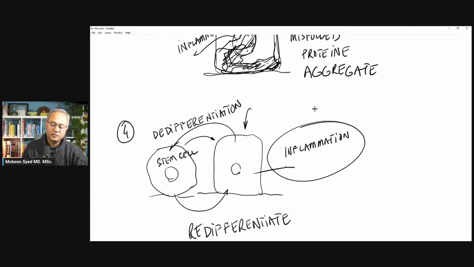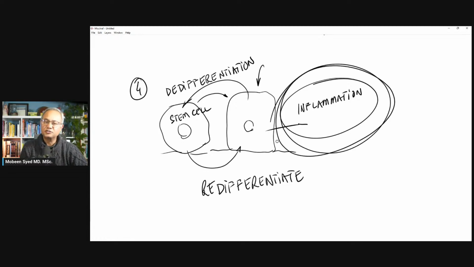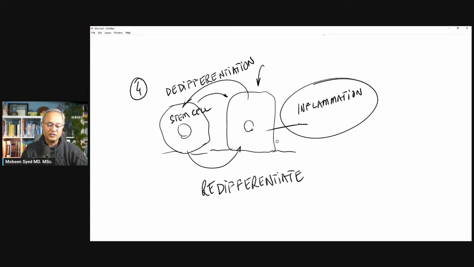Number 4, help the beta cells become redifferentiated from their stem cell state back to the beta cell by reducing stress on them. Now, this stress can be that a person is psychologically stressed and they are releasing stress hormones. So that would have to be taken care of.